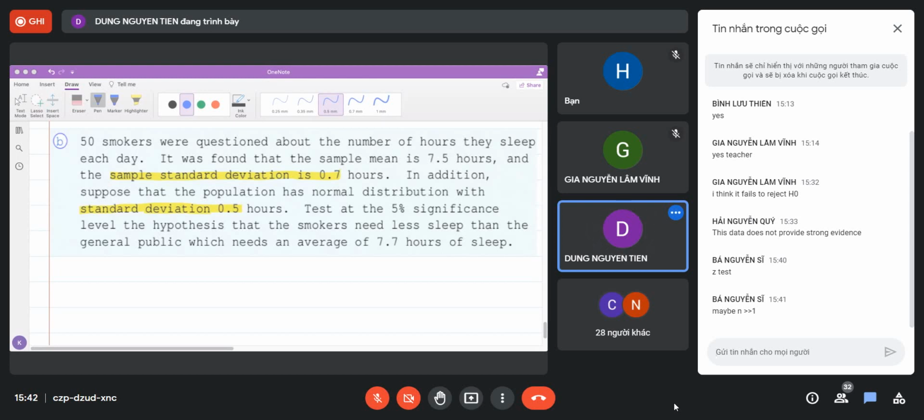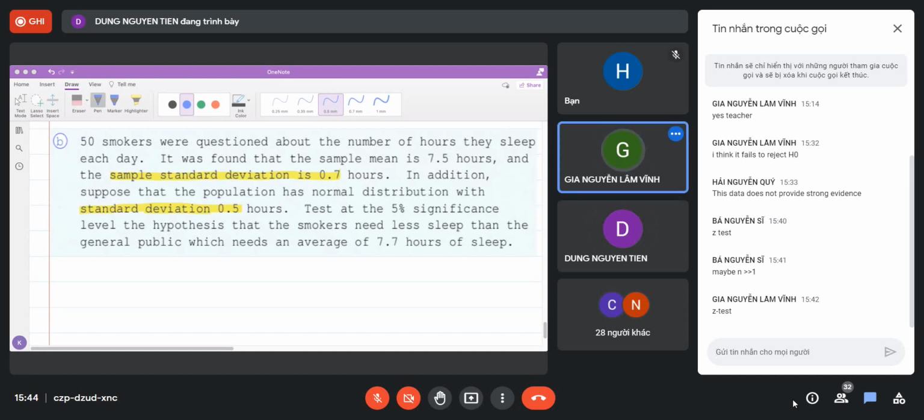What do you think? Can I use t-test in this case?